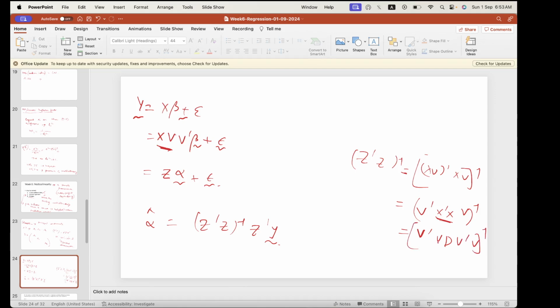Now V prime V is actually I because it's orthogonal, and here also V prime V is I. So ultimately we land up at D inverse. So alpha hat then becomes D inverse Z prime y.